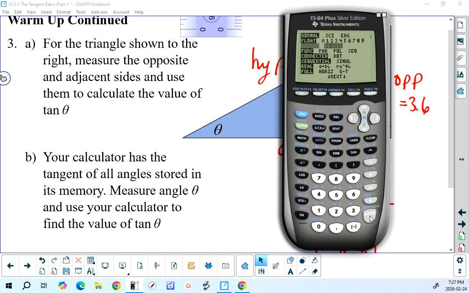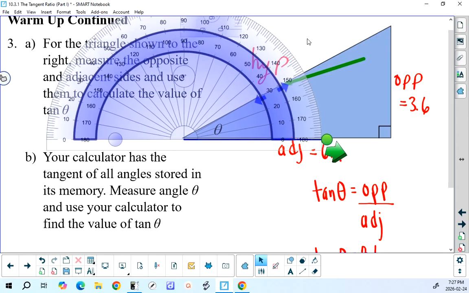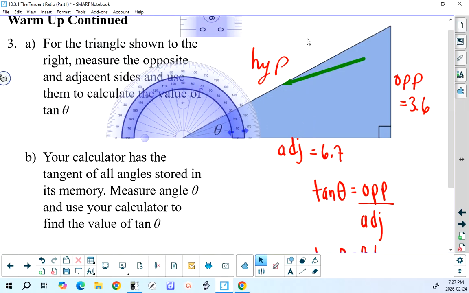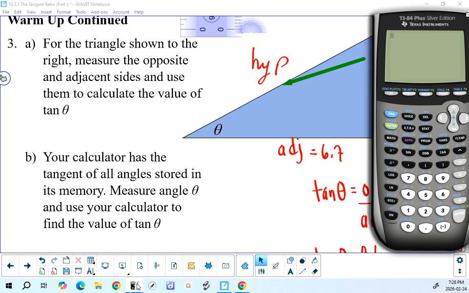If radian is highlighted, you want to make sure you go over to degree and hit enter, and then you can quit out of there by going second mode. So what did we say? I forgot. I think it was 28 degrees. Yeah, it was 28 degrees. So on your calculator, there is a tangent button.